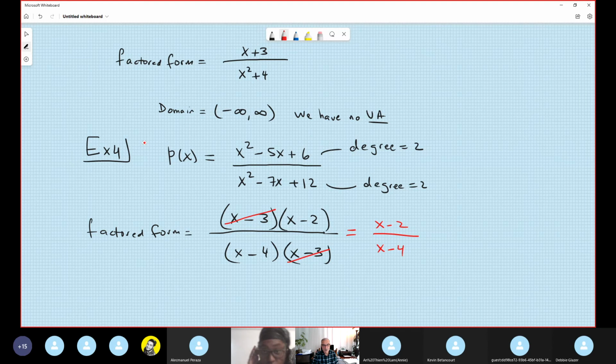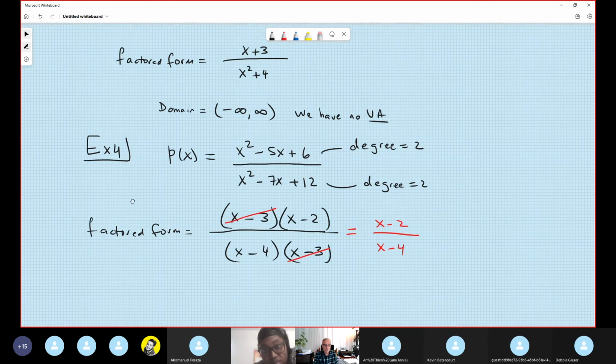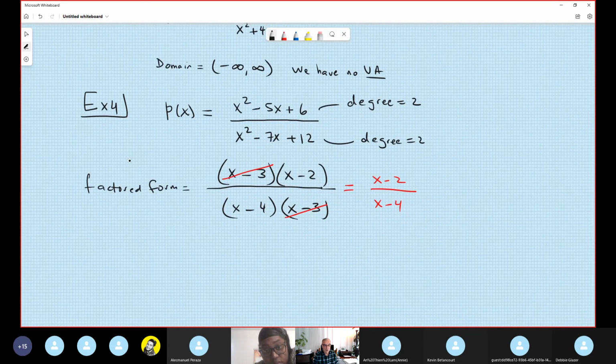Let me explain in detail this idea, because it's a little bit complicated to understand. Suppose now I want to compute the domain. Domain is all real numbers except the restrictions. How many restrictions do we have?